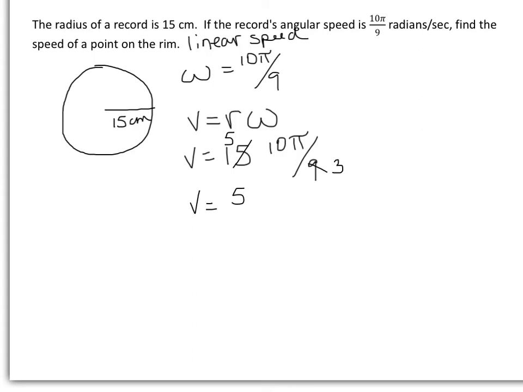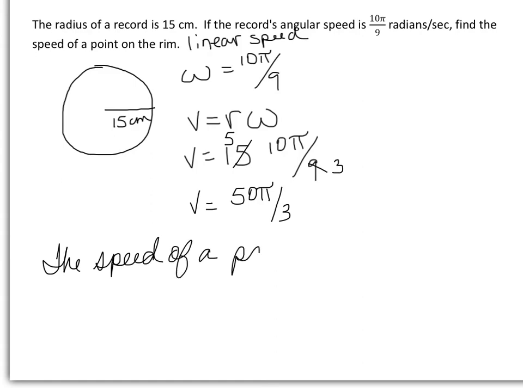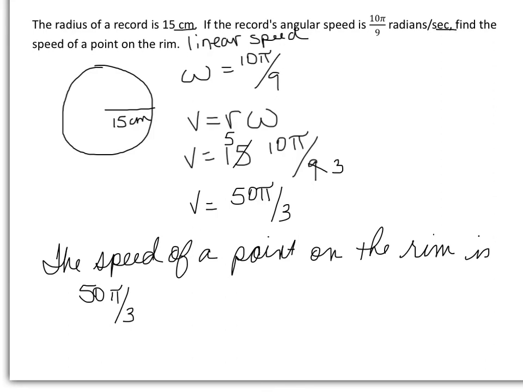So that becomes 50 pi over 3. And this is a word problem, so I would say the speed of a point on the rim is 50 pi over 3, and here I'm looking at centimeters per second.